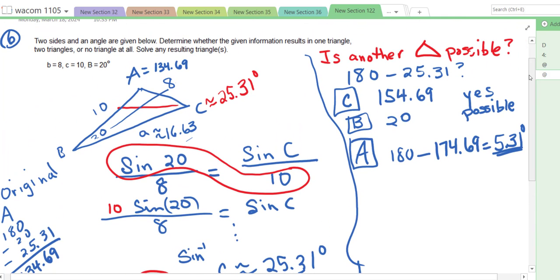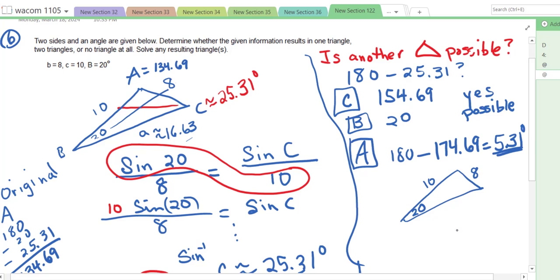All right. From this triangle, the pieces that you had, you had the 20, you had the 8, and you had the 10.